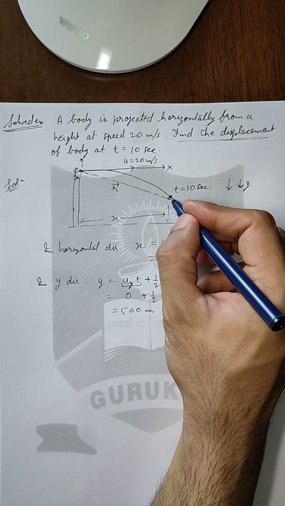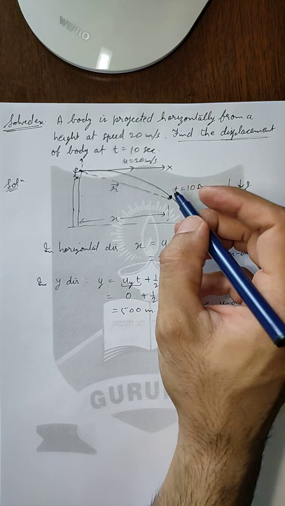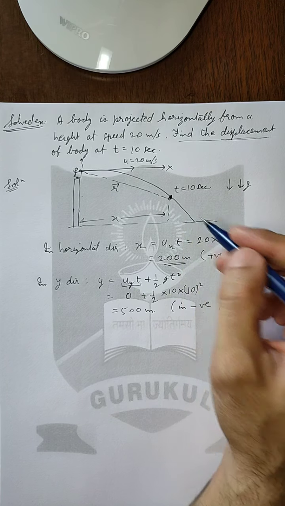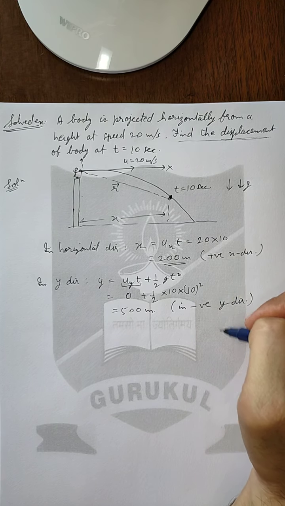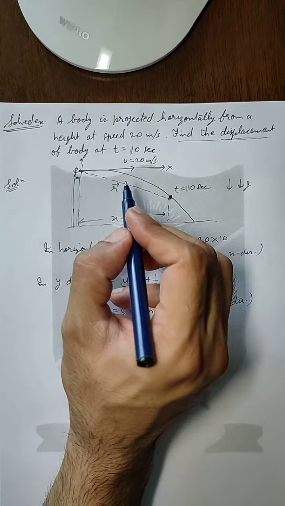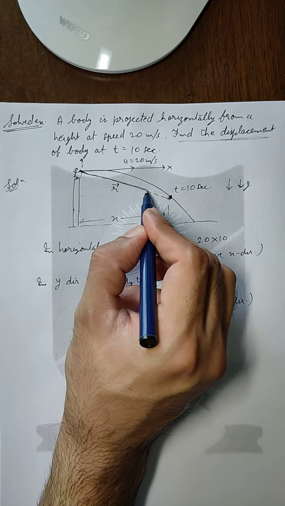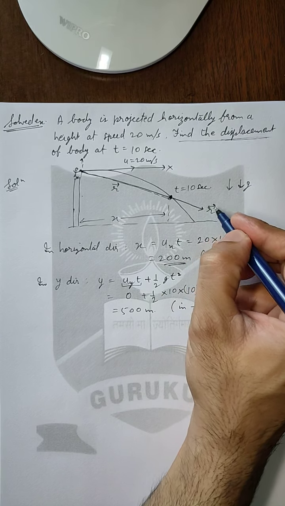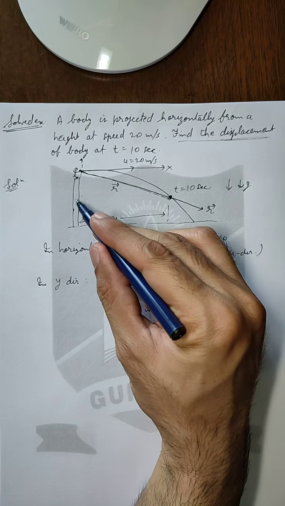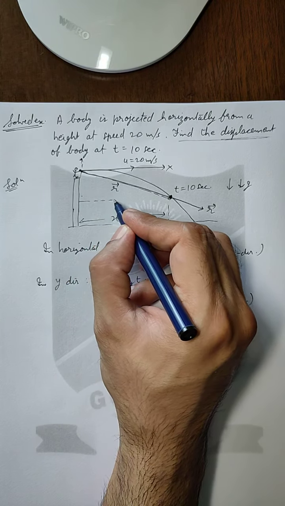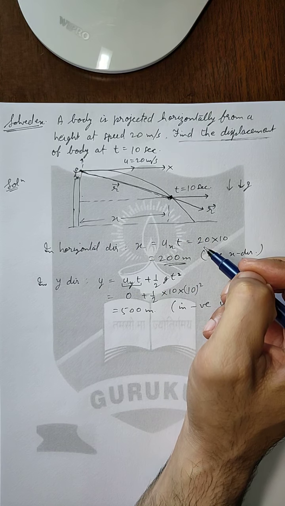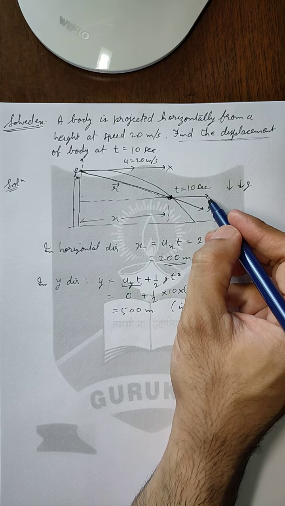So that means at this point, the value of x is 200 meter and the value of y is 500 meter in the negative direction. So if this is the position vector which is connecting initial and final position, then this vector will go like this. The x distance covered is in this direction. So at this point, the distance covered in x direction will be denoted by this vector.